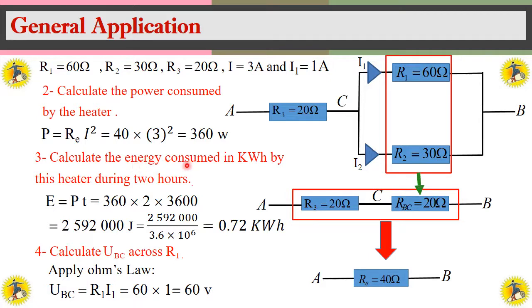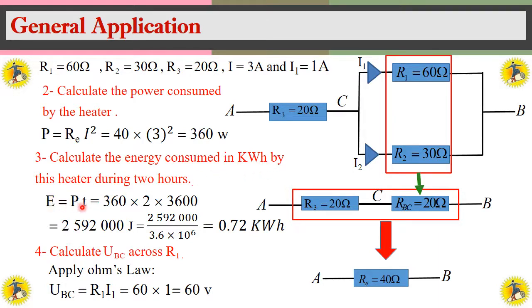Calculate the energy consumed in kilowatt hour by this heater during 2 hours. First, we will find the value of energy in joule, then we will convert it into kilowatt hour.